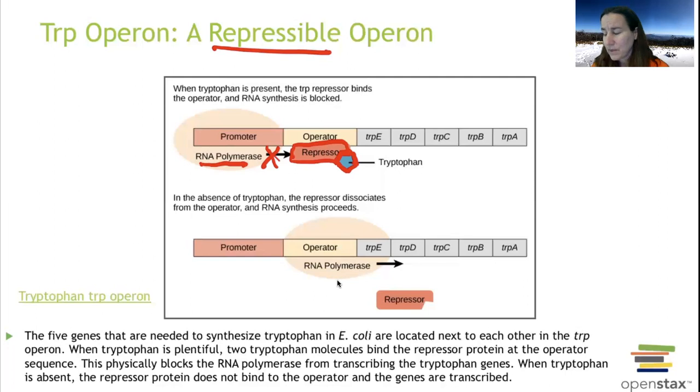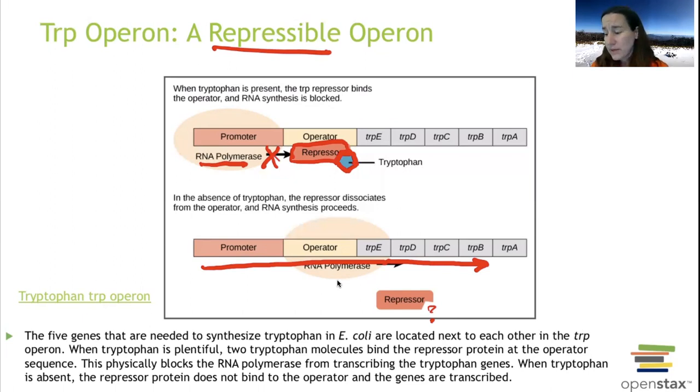It wouldn't be efficient. If we don't have tryptophan in the environment, if we haven't absorbed it, and it's not out there, then we need to make it. So if it's not there, then we have nothing in this area right here on the repressor. The repressor won't bind, and if it's not bound, then RNA pol can just chug along like a train track and go on down the operon and transcribe those genes into a messenger RNA.